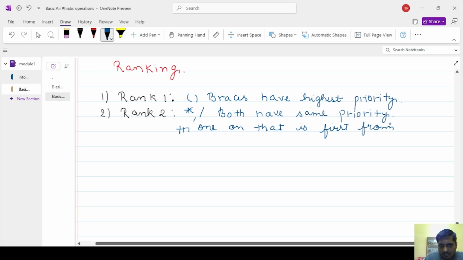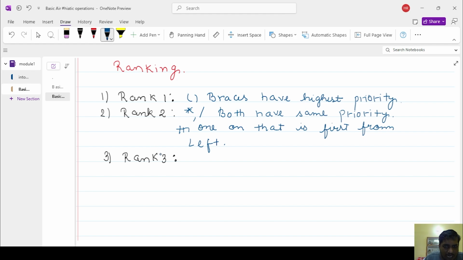When from the left side, whichever comes first, whether multiplication or division, we prefer it as the priority. Now we'll talk about the rank 3 order. In rank 3 we have addition and subtraction.